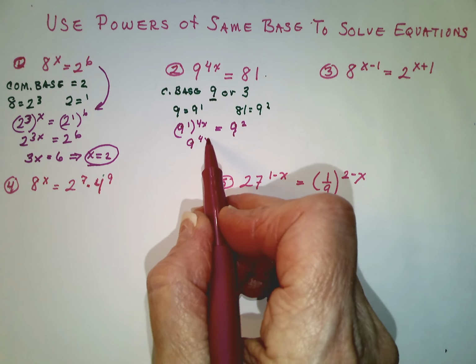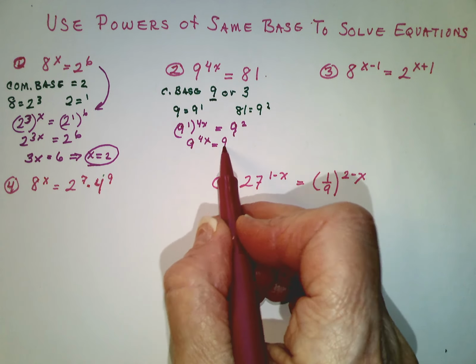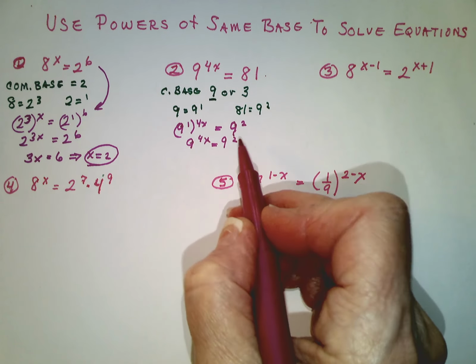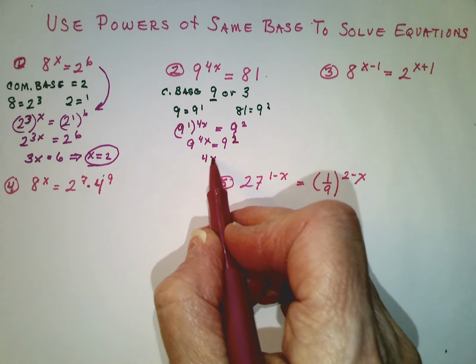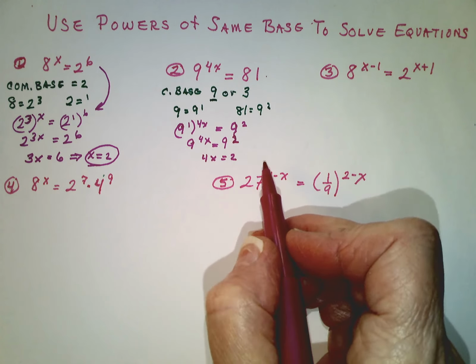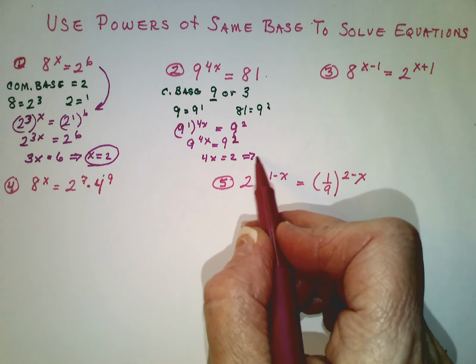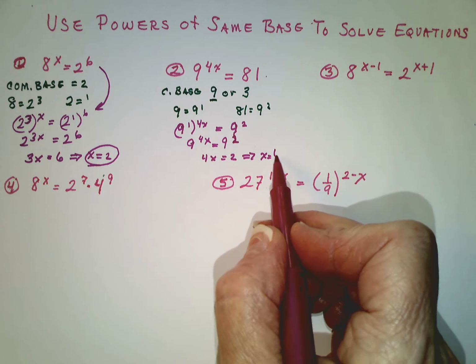So we have 9 to the 4x equals 9 to the second. The only way that can work is if 4x equals 2, which implies that x equals a half.